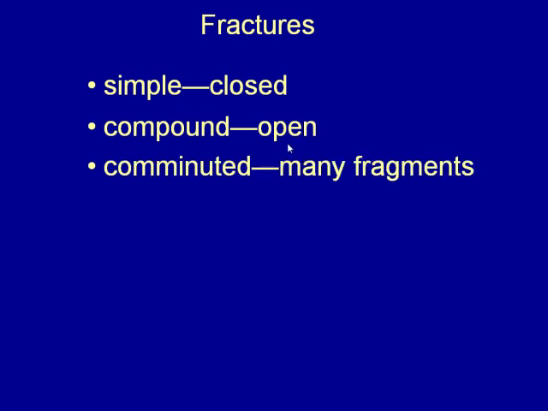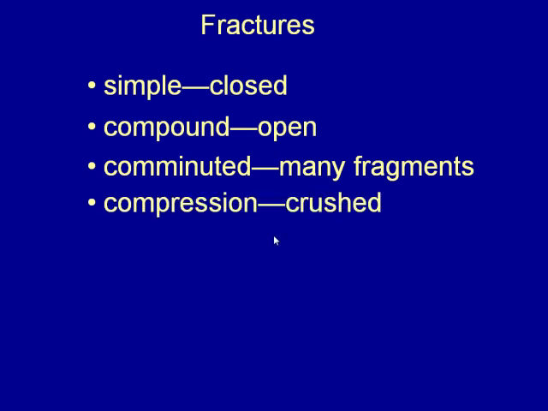For example, a comminuted fracture is one where there are many fragments to the bone. Maybe someone got run over by a car and the bone was broken into several fragments. That doesn't necessarily mean that the bone broke through the skin. It's a closed fracture, but it's comminuted.